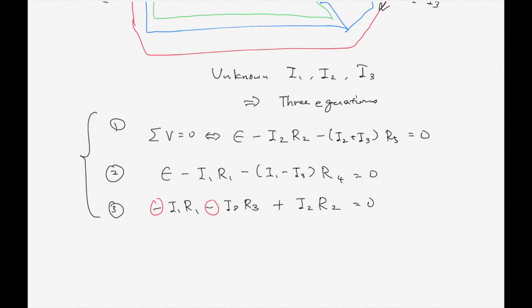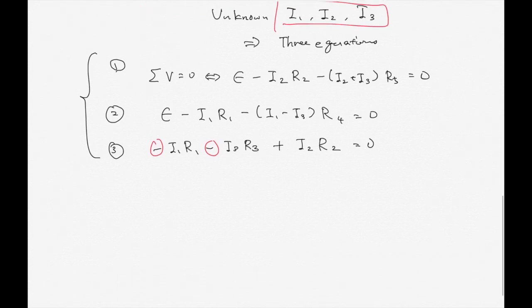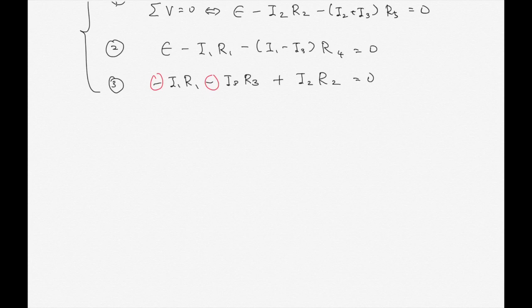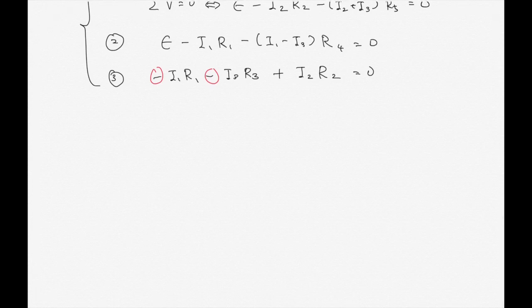Using these three equations, this is the answer to this practice. We could discover the equations of I sub 1, I sub 2 and I sub 3. Then I'd like to show you just the answers. I sub 2 is expressed using I sub 1 and I sub 3: I sub 1 R sub 2 plus I sub 3 R sub 3 over R sub 2.